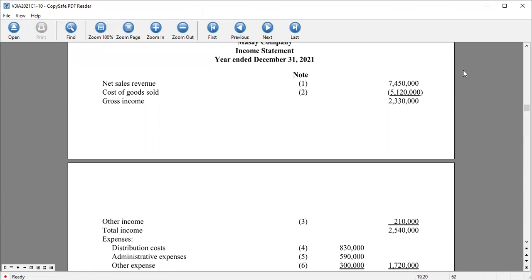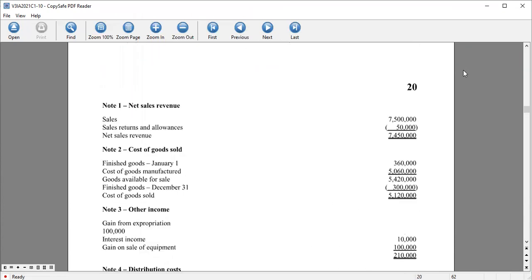And from the gross income, we have to add other income in note number 3. And in note number 3, we have other income, including gain from expropriation and the interest income. Please make correction: the gain from expropriation of asset is 100,000.